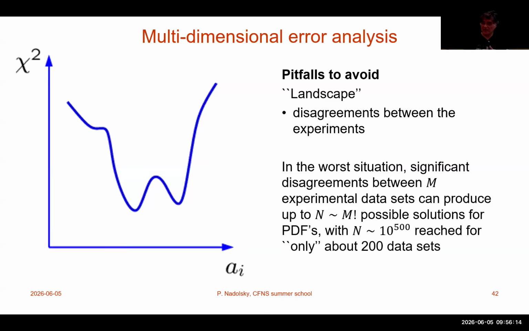For example, if you have many measurements that disagree, you will have not one minimum but many minima, and you don't know which one to choose. The number of minima grows factorially with the number of disagreeing experiments, just like in the case of the string landscape. So if you have lots of disagreeing experiments, you may be in a situation of this very bad landscape, okay? So that's one thing.